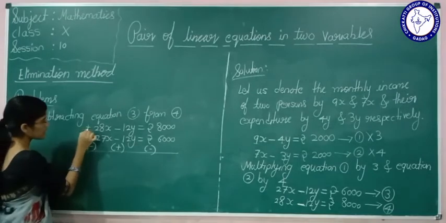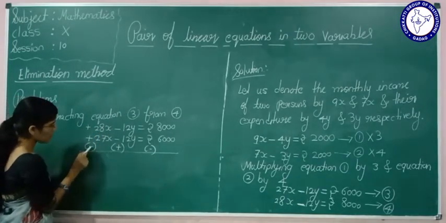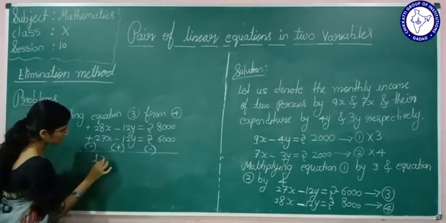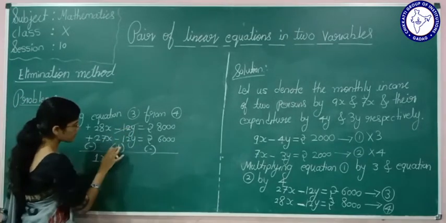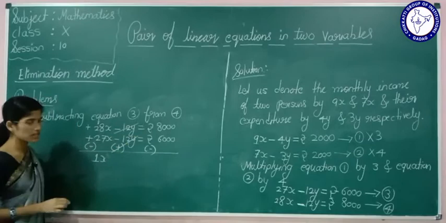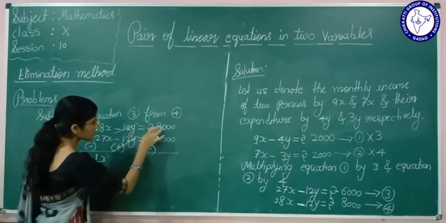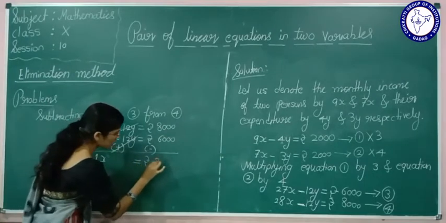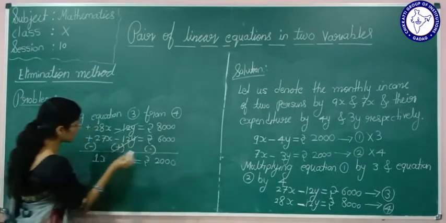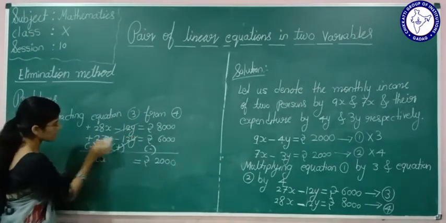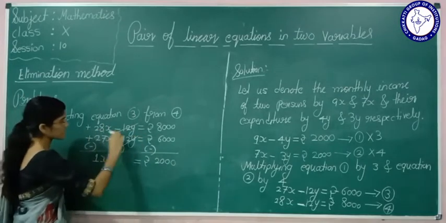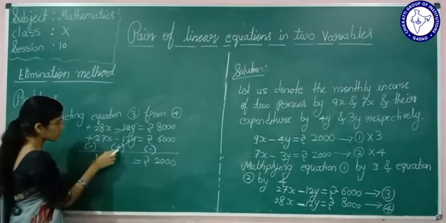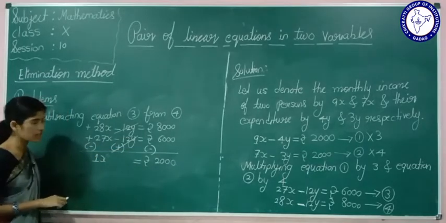What is 28x minus 27x? It will be 1x. Minus 12y plus 12y is going to get cancelled. What is 8,000 minus 6,000? It is rupees 2,000. You should not look at this sign; for the second row you should look at the new signs you have written here.